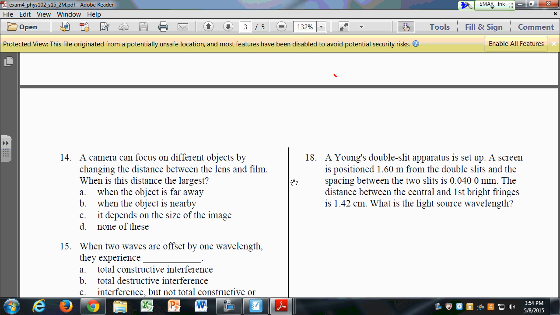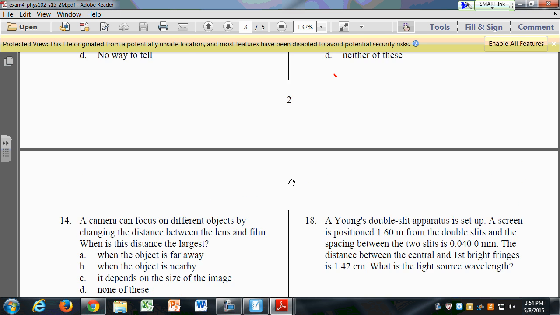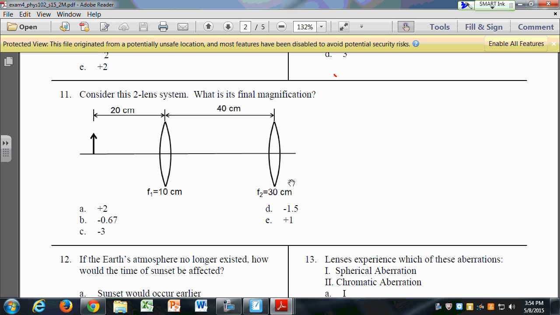Is Q ever negative? Yeah. Q is negative if you have a virtual image. I think in fact on one of the tests there was a negative Q. I forget which one it was. Q can be negative if you have a system where you have your 2 lenses, your object is here, and your image is here.